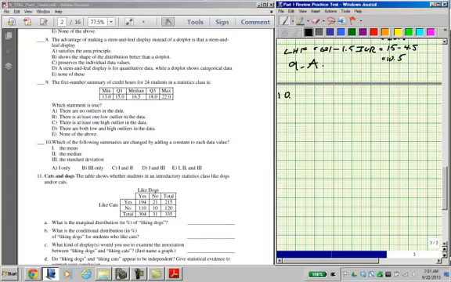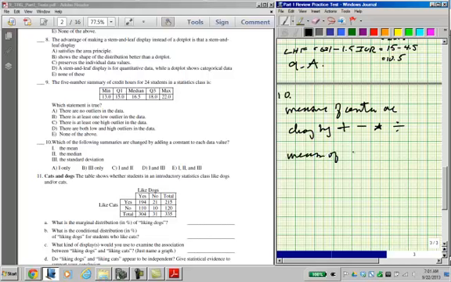10. Which of the following summaries are changed by adding a constant to each data value? Okay. Measures of center are changed by addition, subtraction, multiplication, and division.